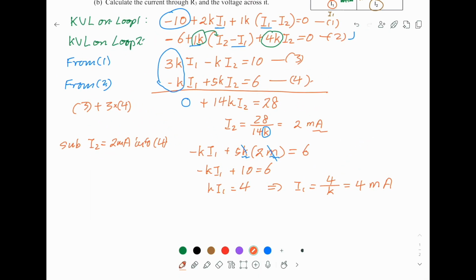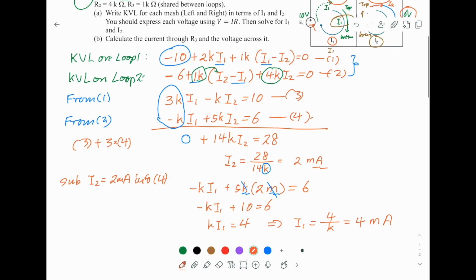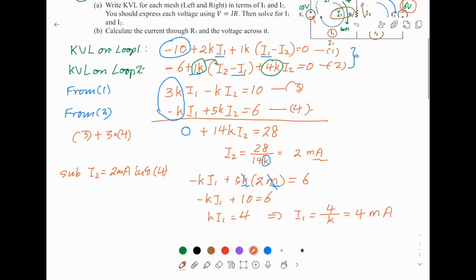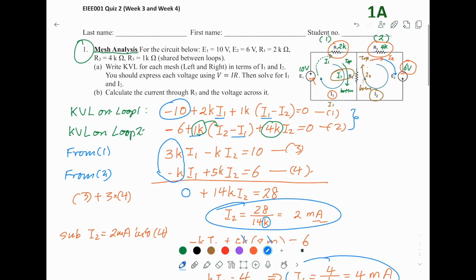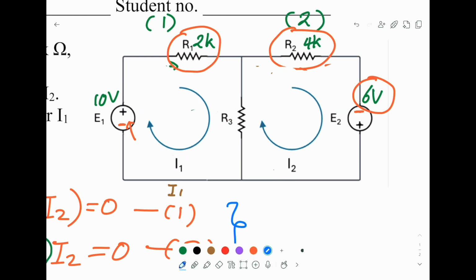Once we find I1 and I2, let's see what really happened. Let's highlight again: I1 is 4, I2 is 2. If you go back here, let's look at R3. On the left-hand side, or loop 1, the current I1 is pushing down, and now we know this is 4 milliamp. On the opposite side, I2 is pushing up, and this is 2 milliamp.